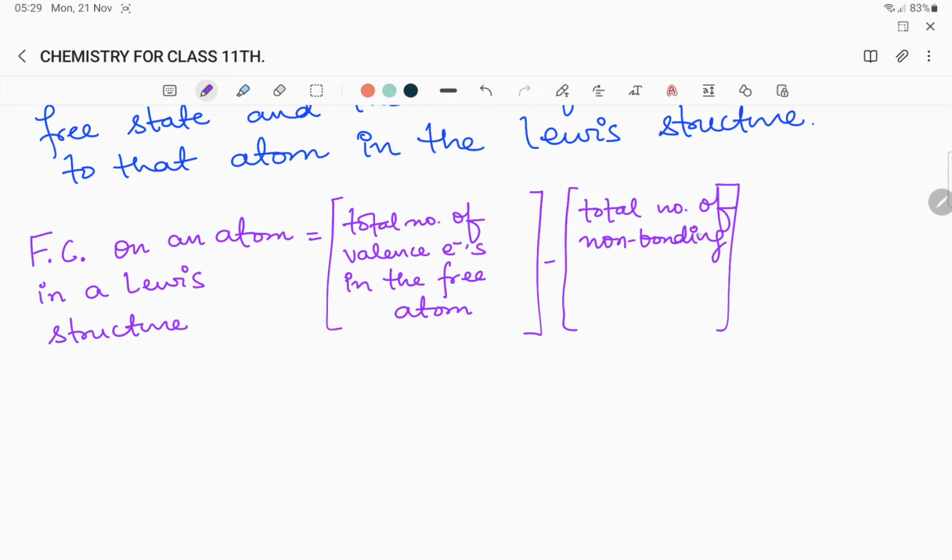Non-bonding means not taking part in the bond formation, so they are lone pair electrons. Total number of non-bonding lone pair electrons.